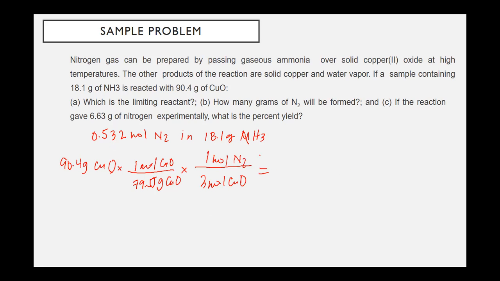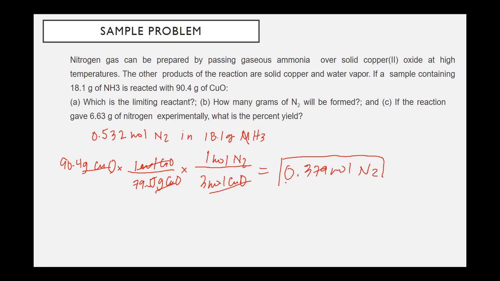So, cancel natin this. And then, we'll get the moles of N2 na produce. So, ang na-produce natin na moles ng N2, 0.379 moles N2. So, kagaya ng sabi ko kanina, hindi porket mas konti, siya na yung limiting reactant.